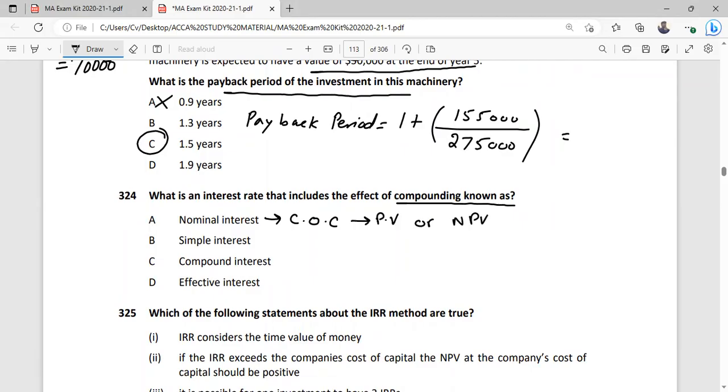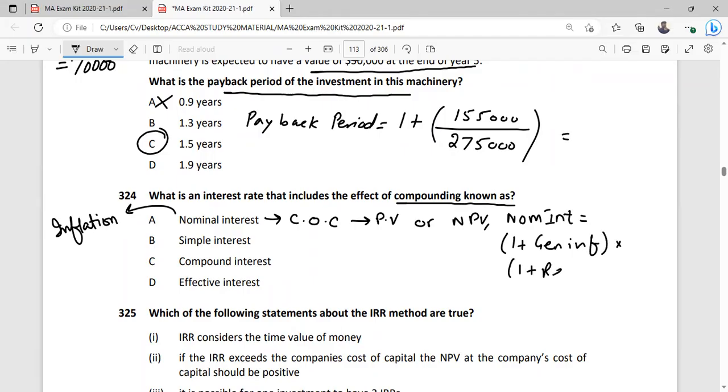It is the one which includes inflation. I can write the formula here. Nominal interest is equal to 1 plus general inflation into 1 plus real inflation.